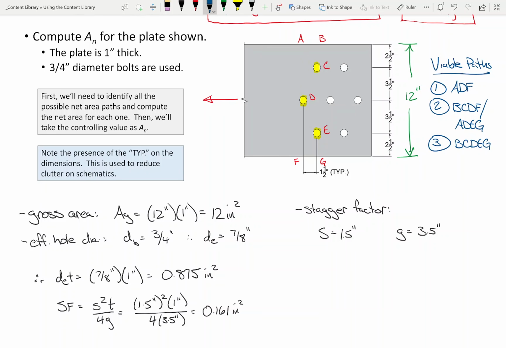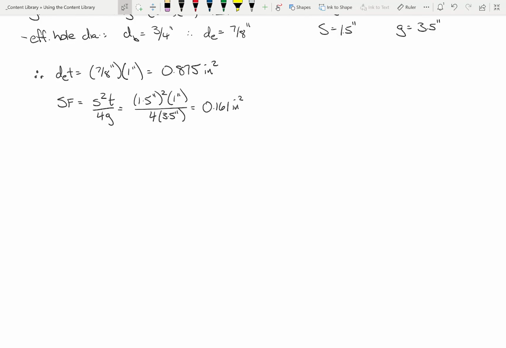How many holes are going to be along path ADF? 1. How many stagger factors? How many holes? 2. How many stagger factors? 1. 3. 2. 2. Okay. All right. So let's, I'm an engineer. I like tables. Let's do this in a table.